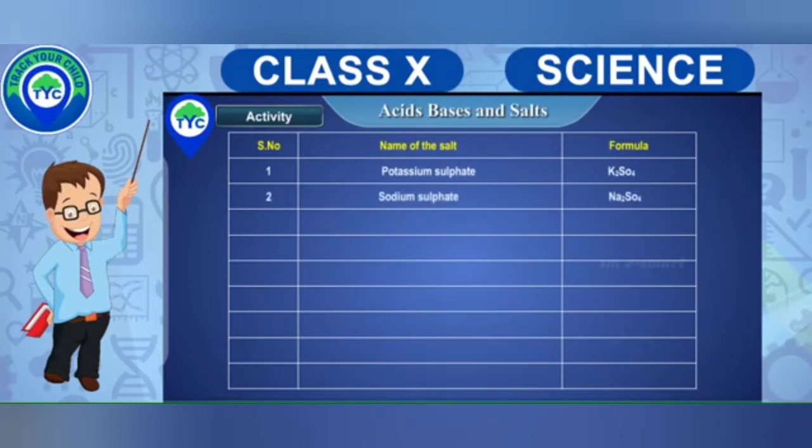Na2SO4. Third one, calcium sulfate, CaSO4. Fourth one, magnesium sulfate, MgSO4. Fifth one, copper sulfate, CuSO4.